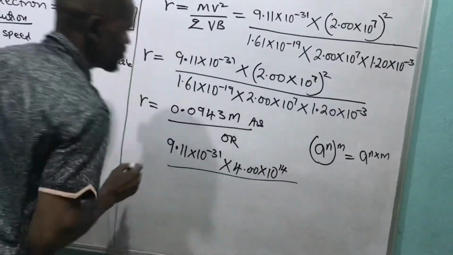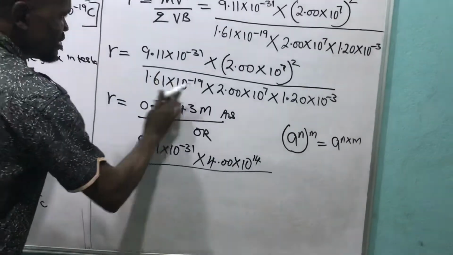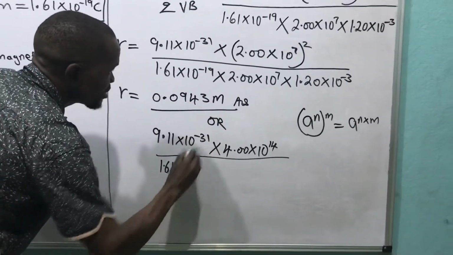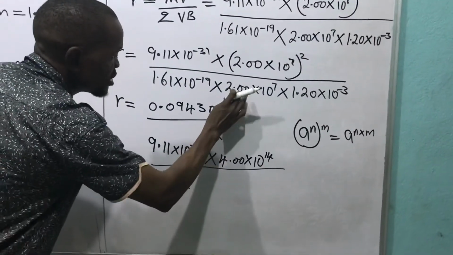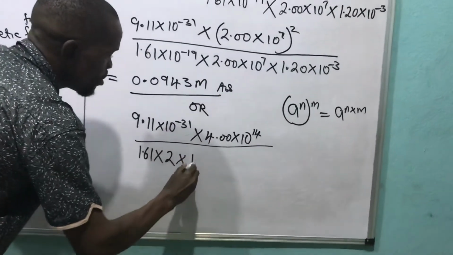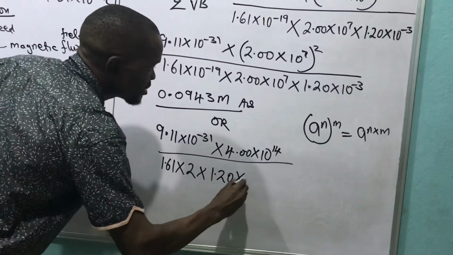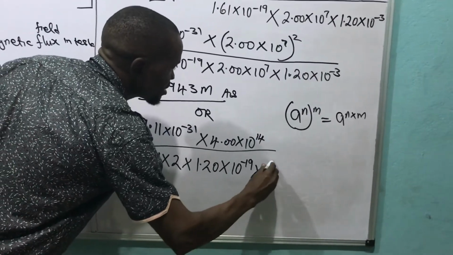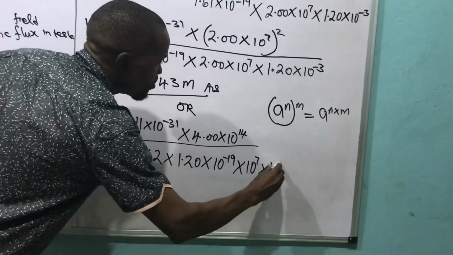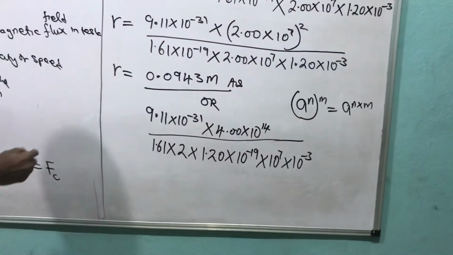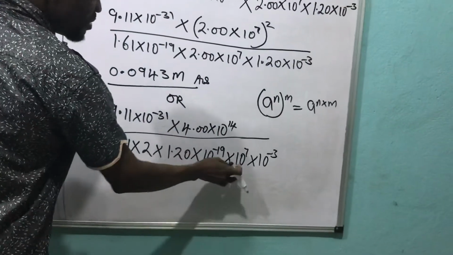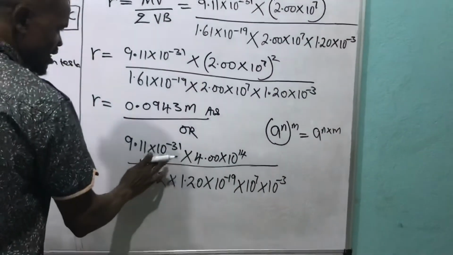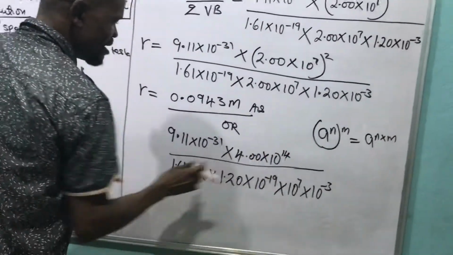All over, coming over here, this thing here, I can write it as 1.61 times 2 times 1.20 times 10 raised to power minus 19 times 10 raised to power 7 times 10 raised to power minus 3. When I do that, this is of the base 10, and they are multiplying themselves, so I can add the power.